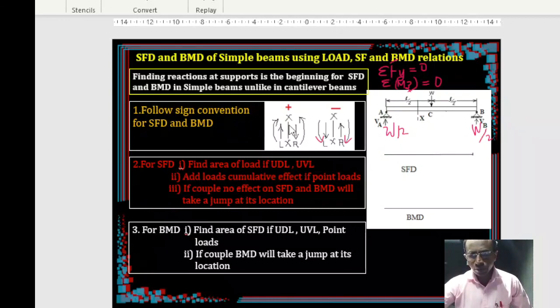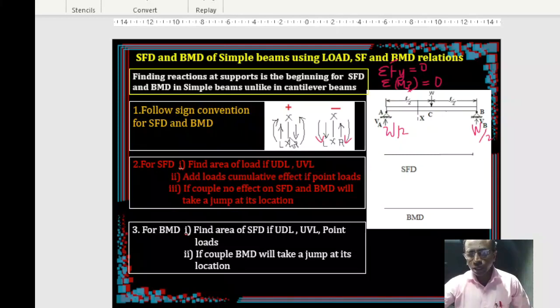First, when you are on the left of the section, that means the section is here. For example, in this case, you take a section here, so you are on the left of the section. For this particular section, this is going to be a clockwise moment, and this is to be treated as positive.